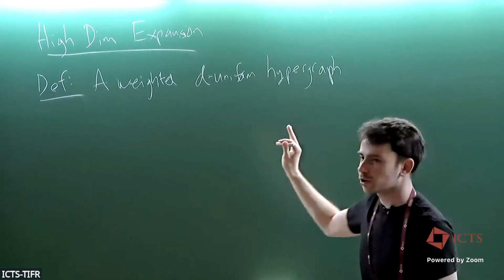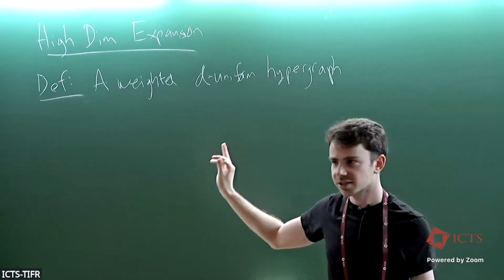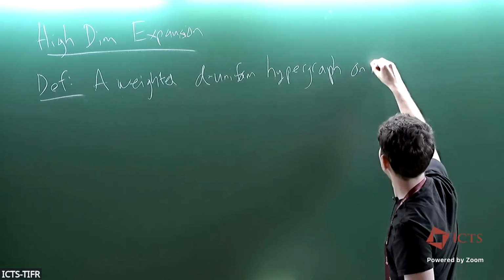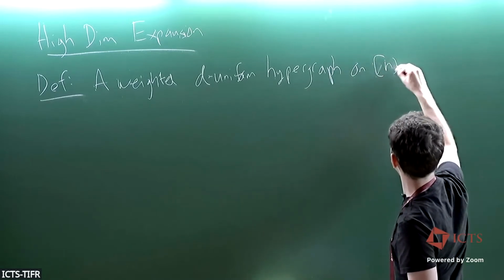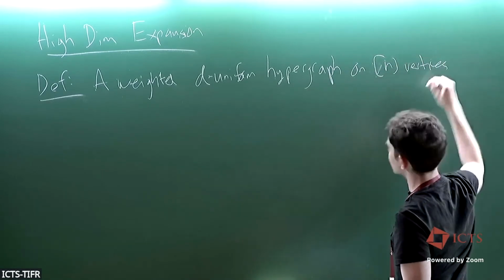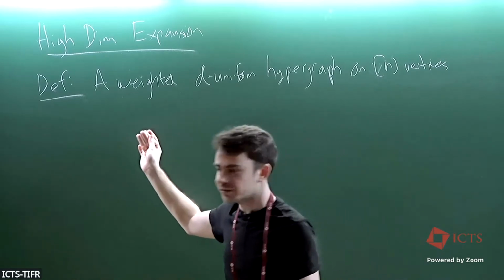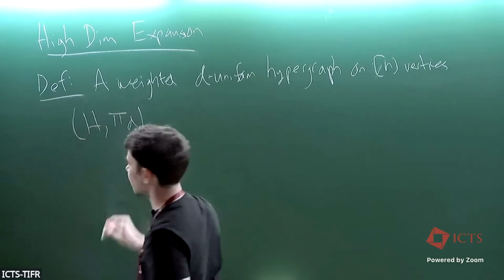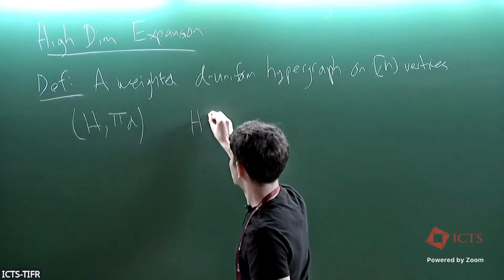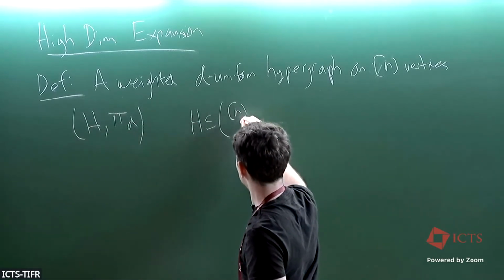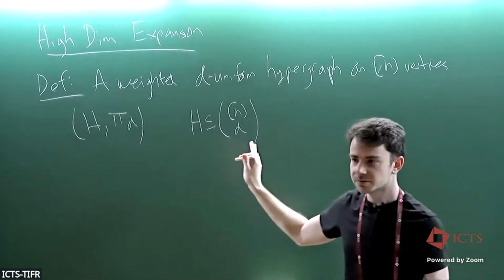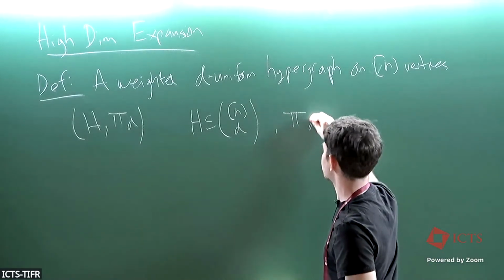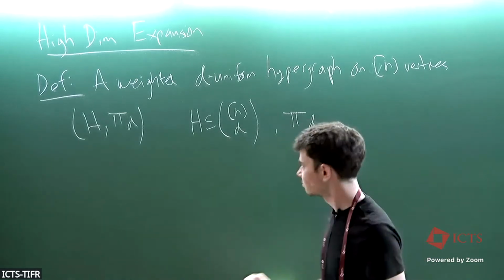Again, we're just going to work with vertex set n always, on n vertices. It is almost exactly what we had in the graph case, but now it's going to be a pair H, pi_d, where H is a subset of d-tuples, and pi_d is just a distribution over H.